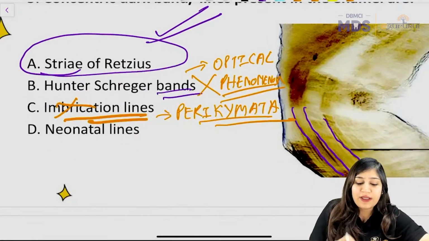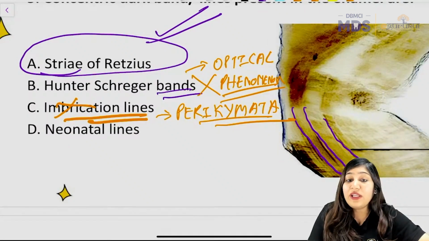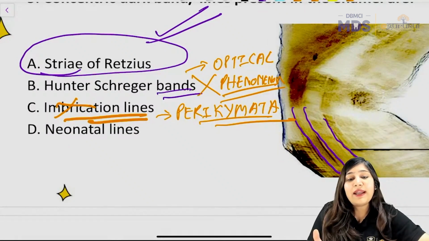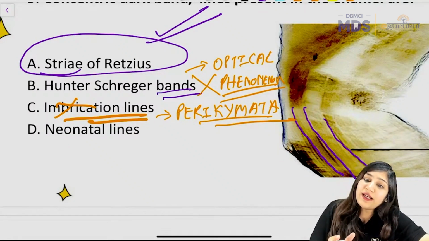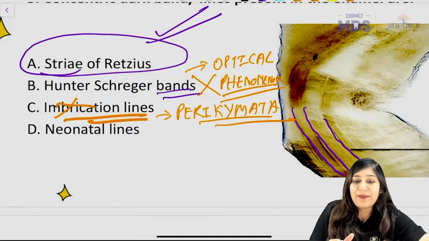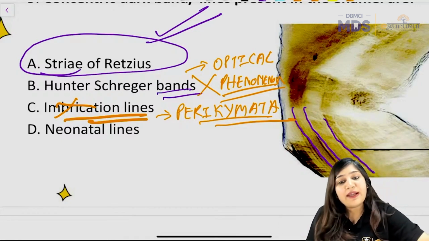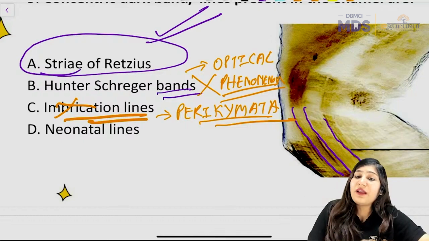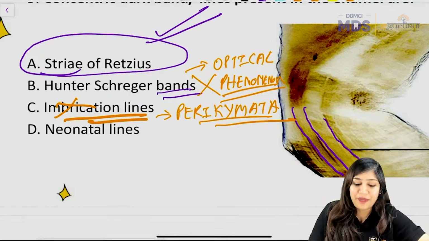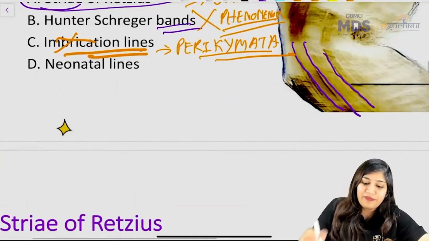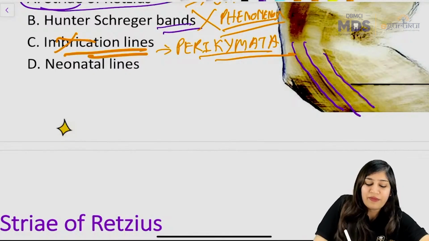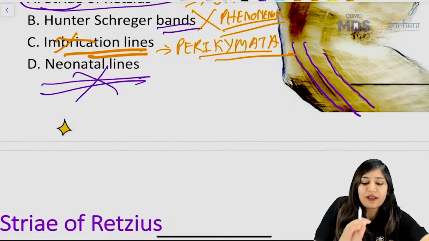So this can't be the correct option. Coming to neonatal line. Neonatal line, again, is an accentuated incremental line of enamel which separates prenatal enamel from the postnatal enamel. Right? So this can't be the correct option.